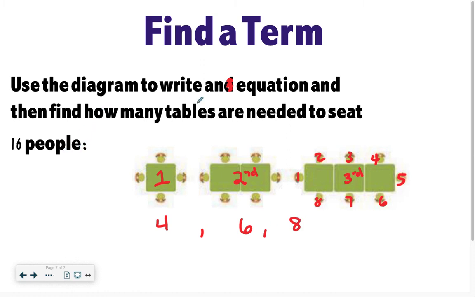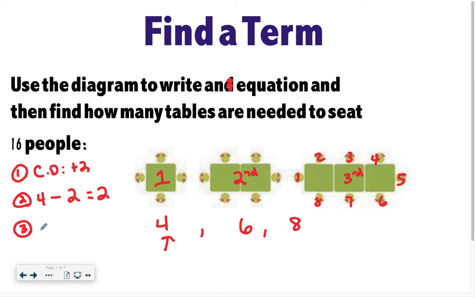So to write an equation, again, those 3 steps, I start by finding my common difference. To go from 4 to 6, I add 2. To go from 6 to 8, I add 2. So my common difference is plus 2. Then, remember, the second step, you take your first term, which is 4, and you subtract your common difference, which is 2. And 4 minus 2 is 2.